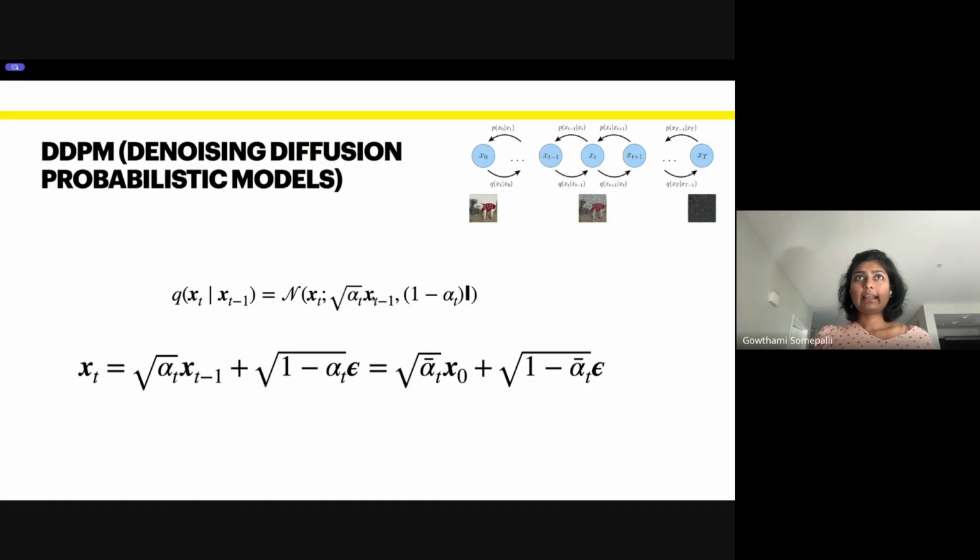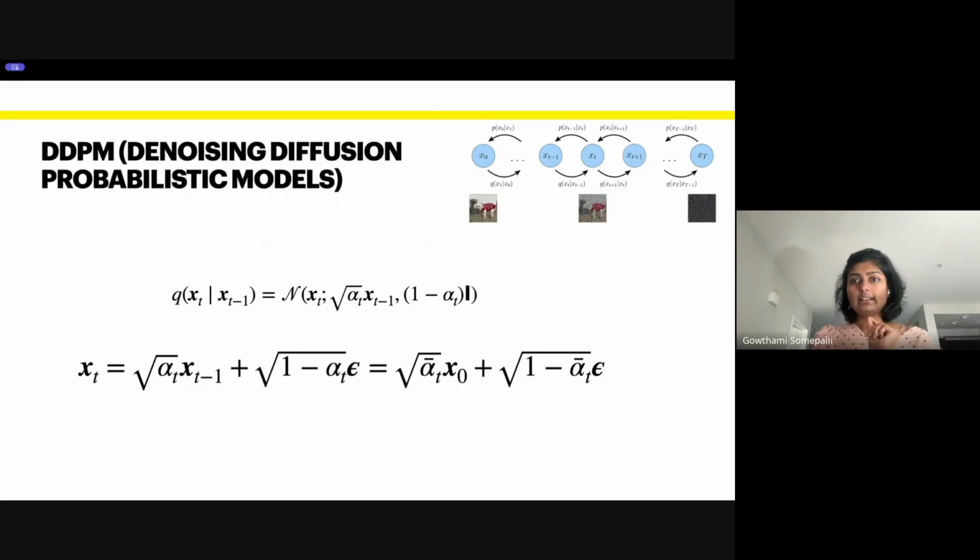This can be defined as some constant times... again, this is a Gaussian distribution. This one points to the mean of the distribution, and this one points to the variance of the distribution. Again, you don't have to remember any of these things. You can always refer back to them. Just try to get the intuitions.